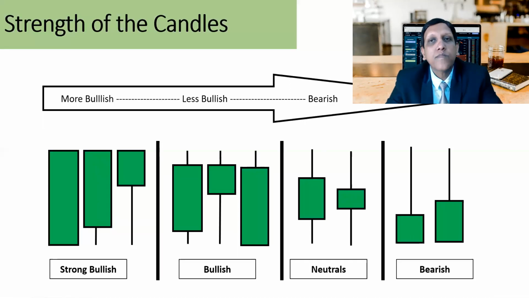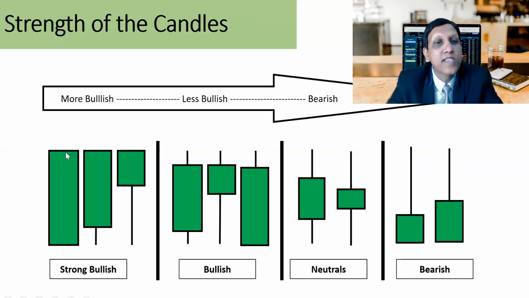Then we get into a concept called the strength of the candle. What you see here are the various types of candles. If you take a look at this green candle, the price opened here, and then the bull took charge and established the price point here.